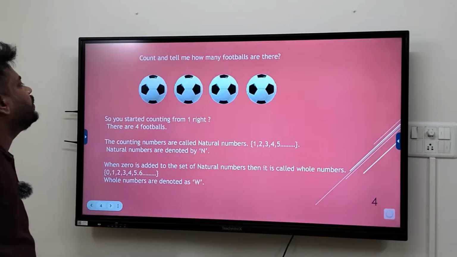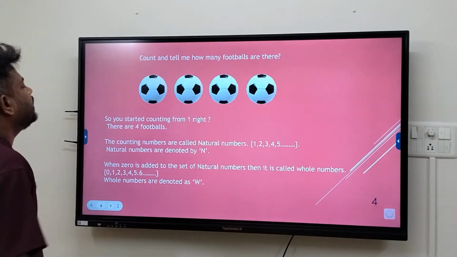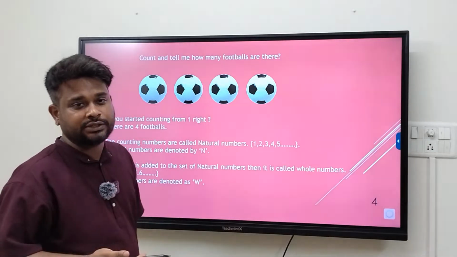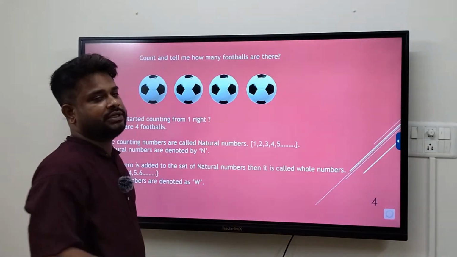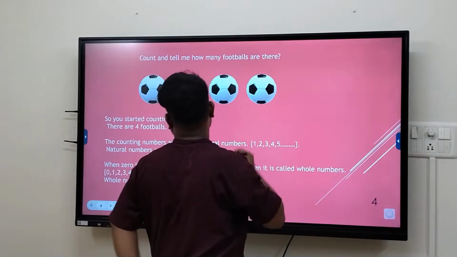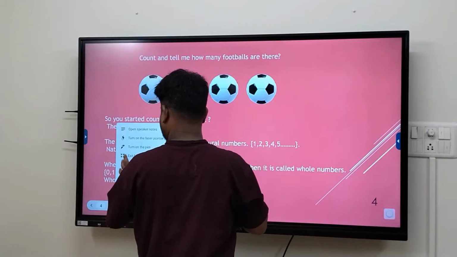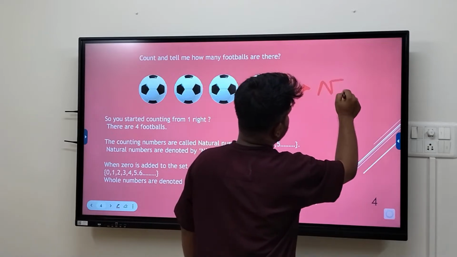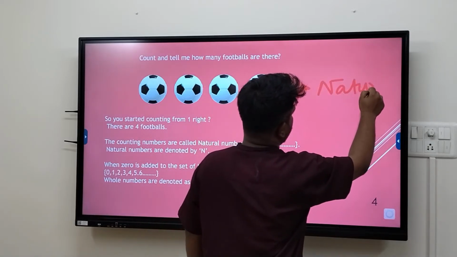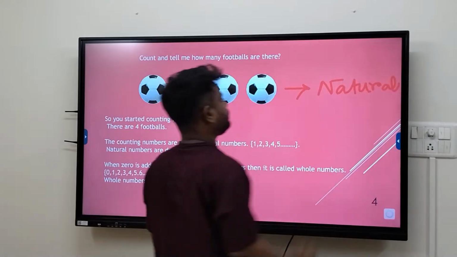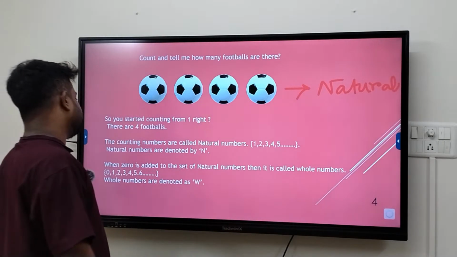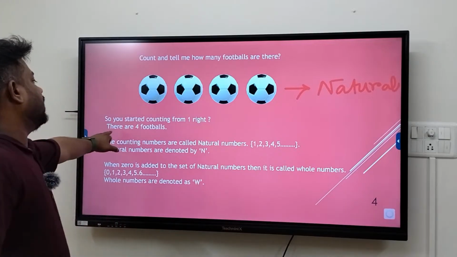Okay, count and tell me how many footballs are there. You can see there are 1, 2, 3, 4 footballs, and we can count them naturally. So this is the representation of a natural number. You started counting from 1, right?